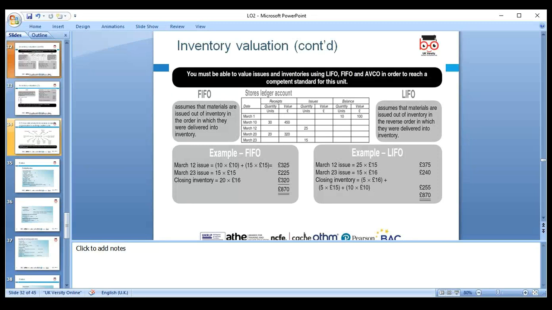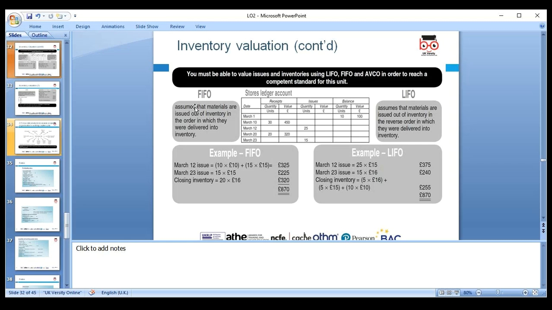So if it's first in, first out, you will see the closing inventory value will be different, and if it's last in, first out, you will see the closing inventory value is different, and overall inventory is what we issued and what is left. Here you will see the value of issue.